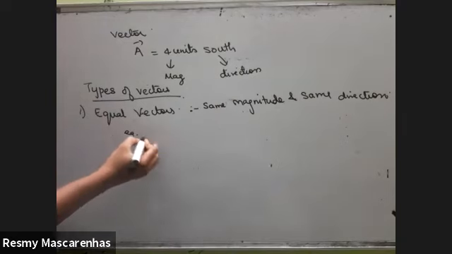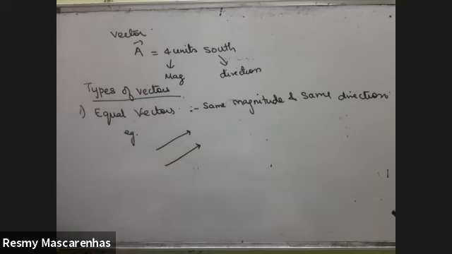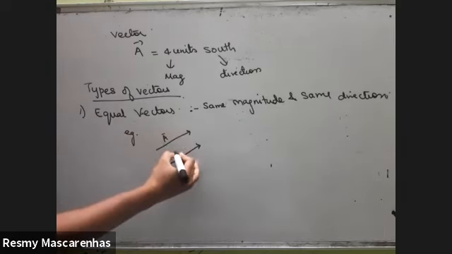Example, suppose this is A bar, this is B bar.